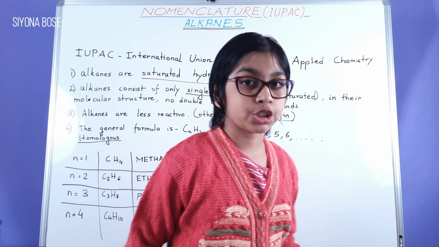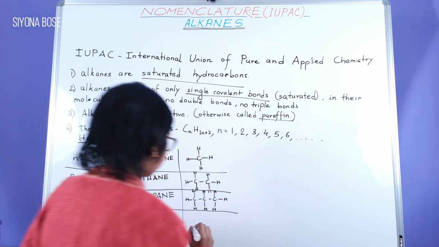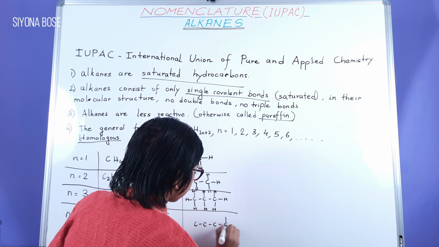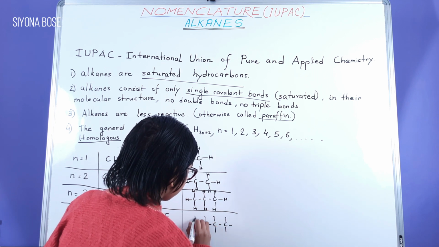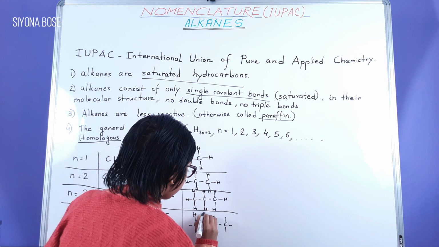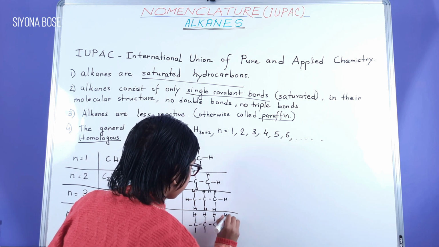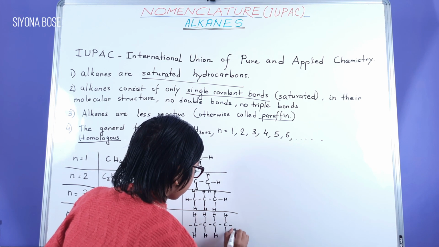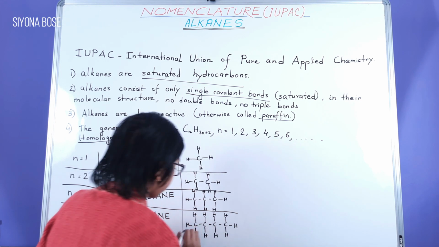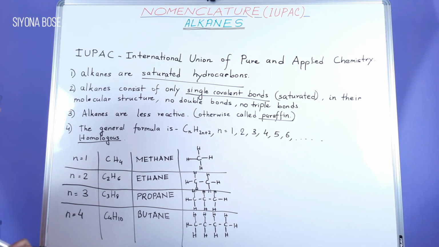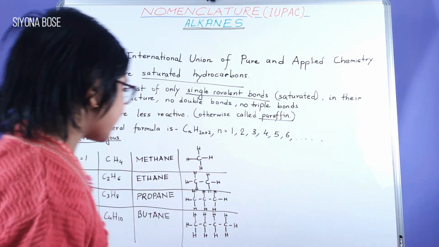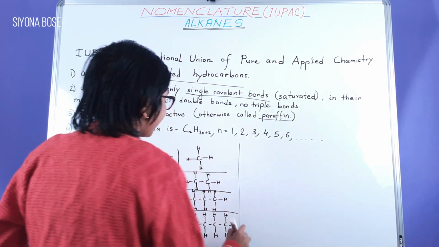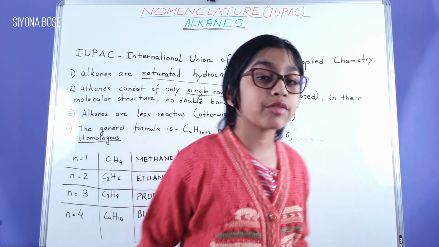Now I will draw the structure. Four carbons and 10 hydrogens. This was all the space there was, but there are many more. I'm doing till 12 carbons.